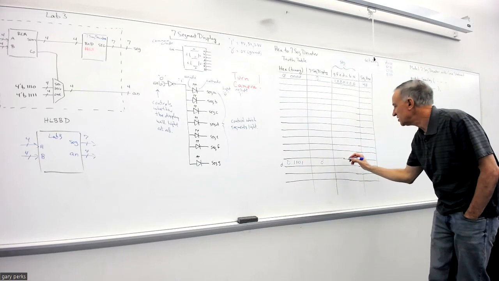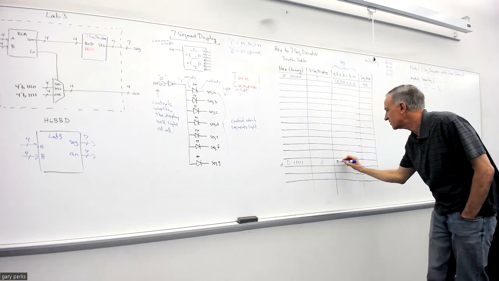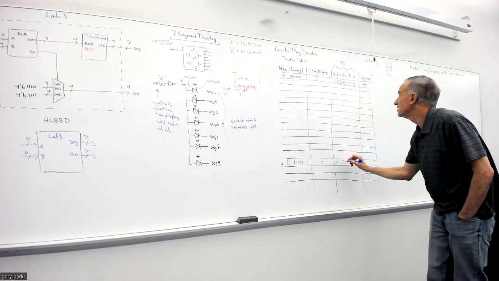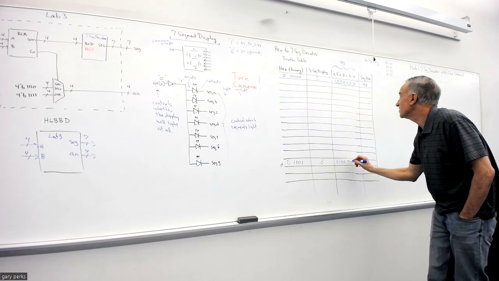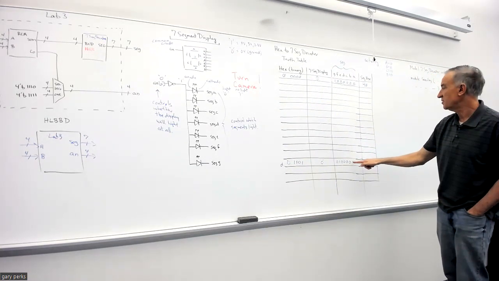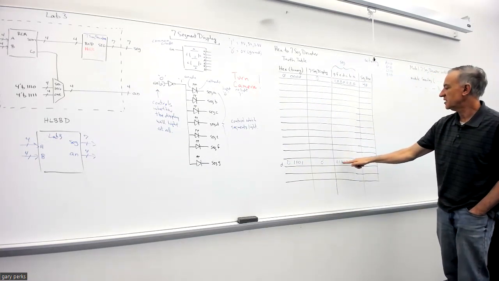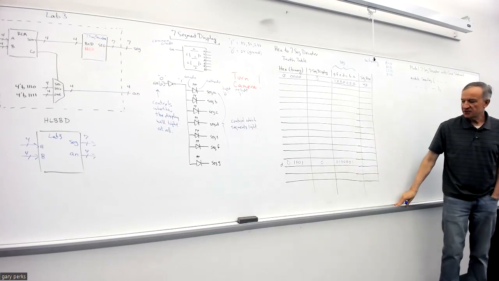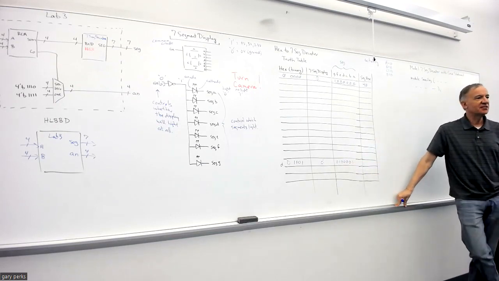The G is going to be a 0 because we want that lit, but the F is going to be a 1. E is going to be a 0. D is gonna be a 0, C is gonna be a 0, B is gonna be 0, and A is gonna be a 1, right? So did I get that right? I didn't mess up A, B, C, D, E, F, G, right? Okay. So does everybody agree 0, 1, 0, 0, 0, 0, 1, that would give us the lowercase d?